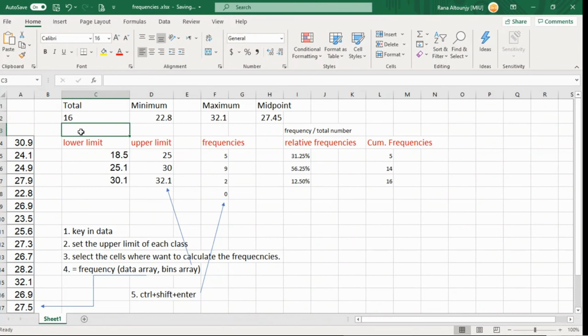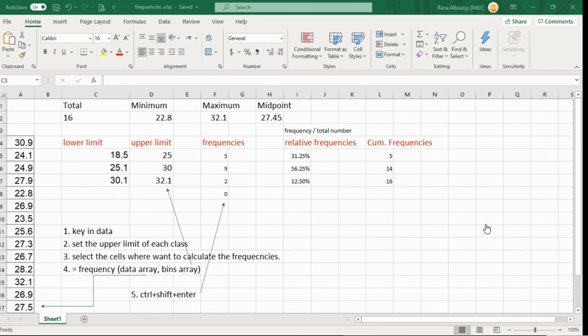You just put count. This is the function to calculate the total, which is count, and between the two brackets are the cells where the items are available.